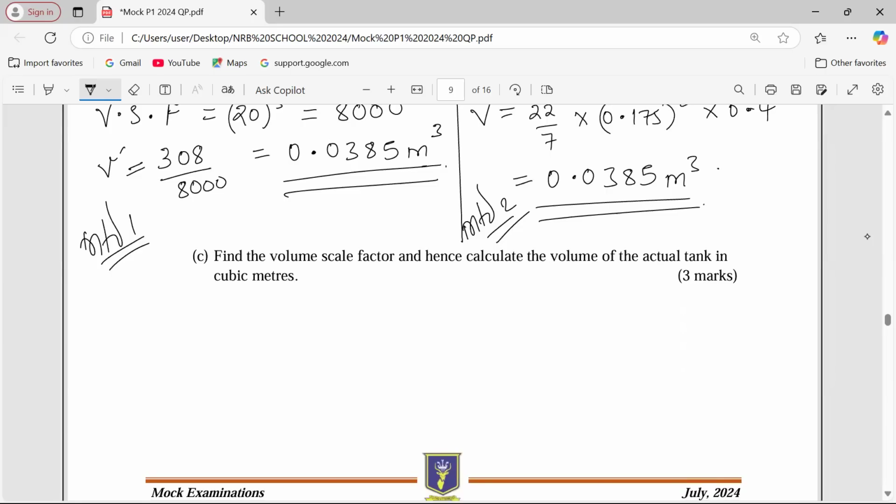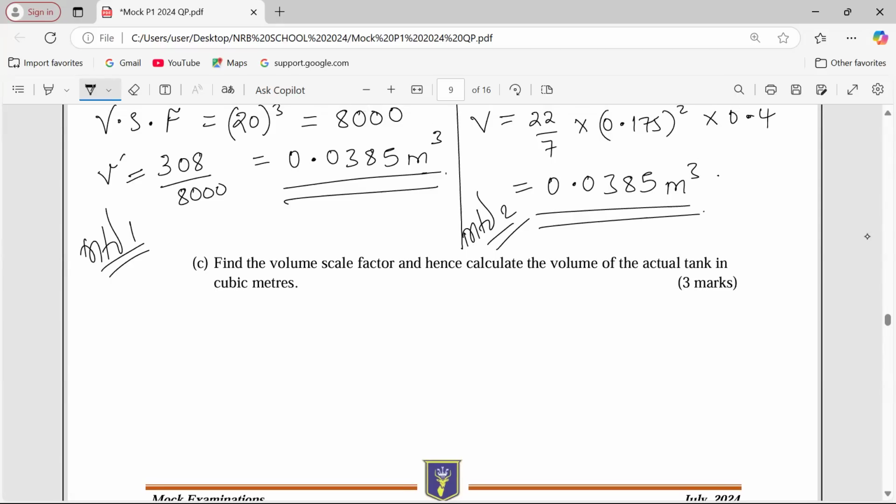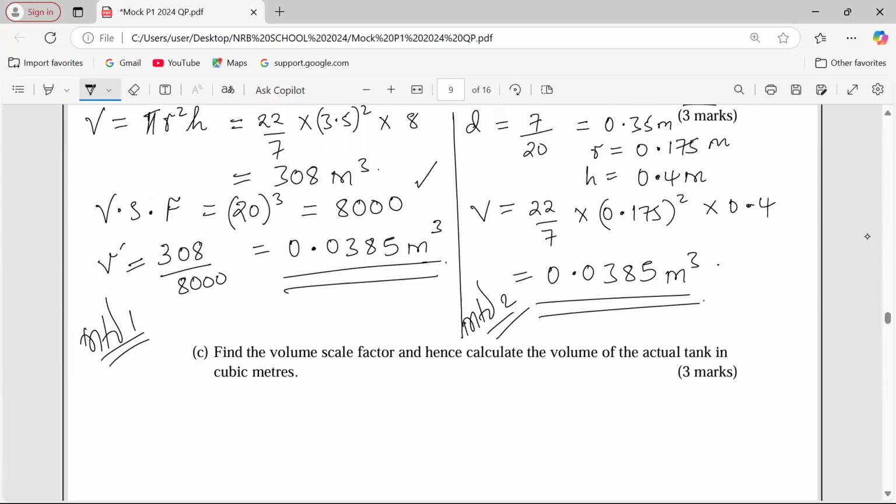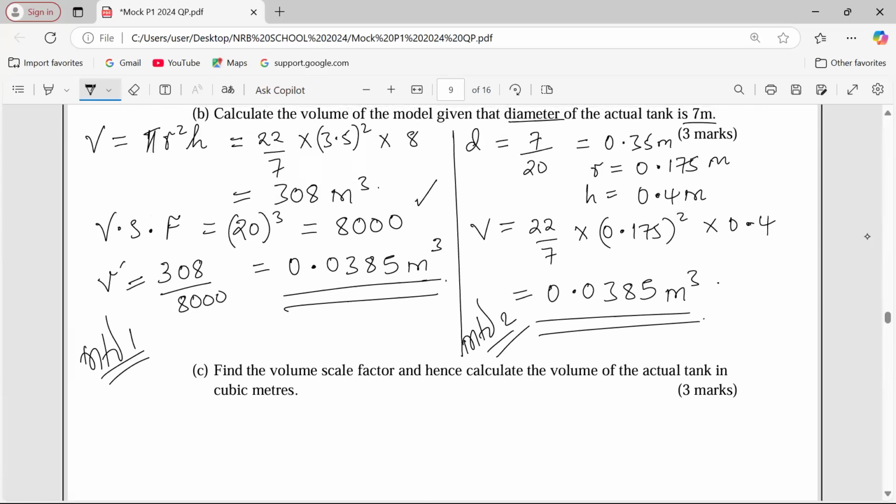Now find the volume scale factor and hence calculate the volume of the actual tank in cubic meters. All right, now this one, it's like the examiner didn't know that we can calculate that one in advance even.